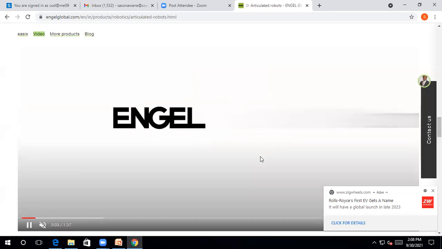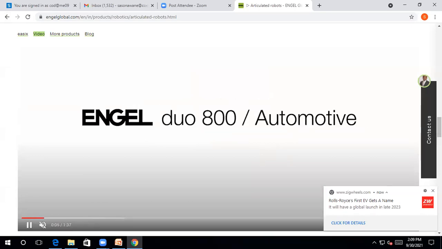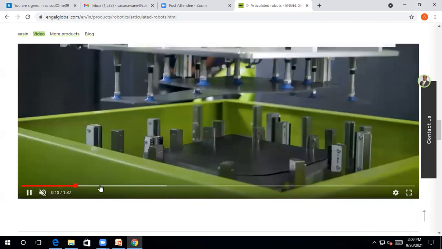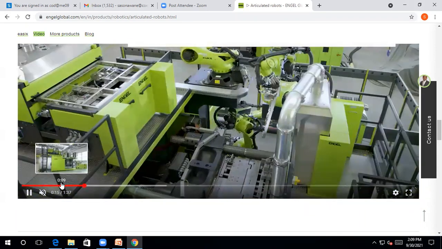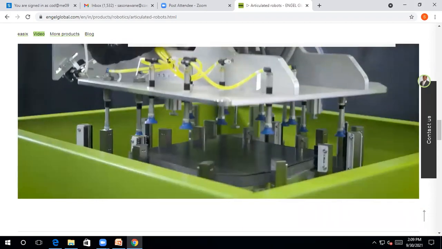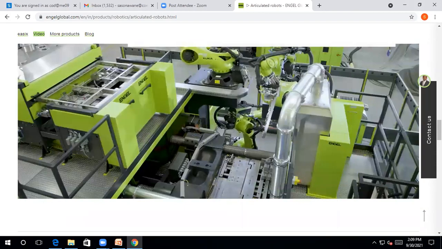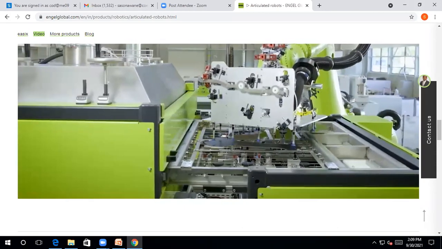See this. See, all these articulated robots are there.